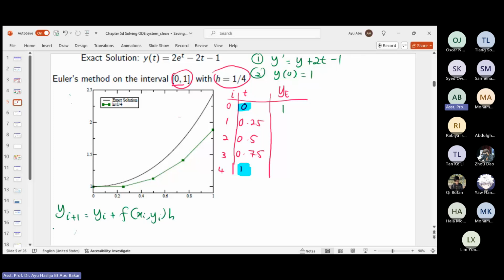Next, we need to find y1. y0 is 1. y1 equals 1 plus 2 times the previous value of t, sorry, 1 times 2 times 0 minus 1. Okay, so y1 you still get equals to 1.